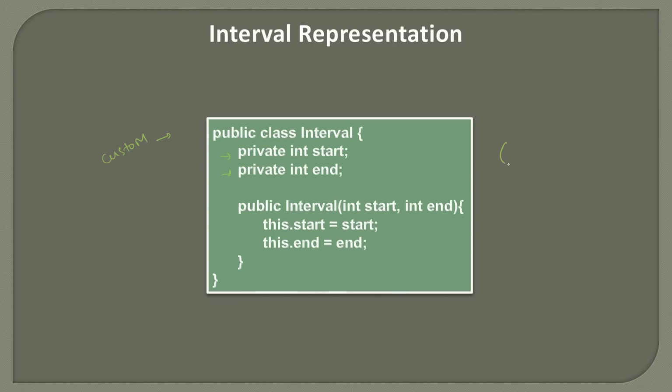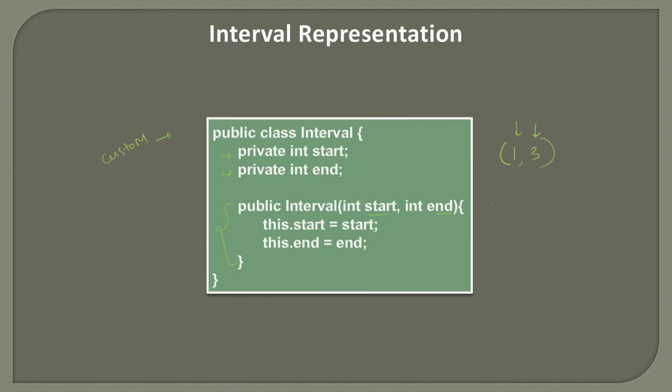The start will represent the starting point of the interval and the end will represent the ending point of the interval. Any interval takes only two numbers, start and end. If we want to create an interval, we provide a constructor which takes in a start and end and initializes a particular interval with these numbers. This is how we represent an interval class.